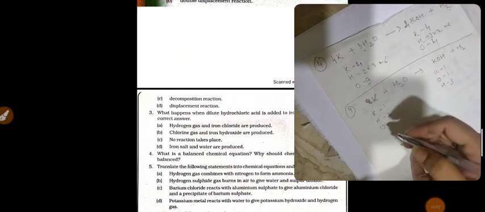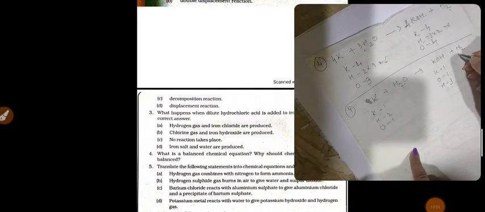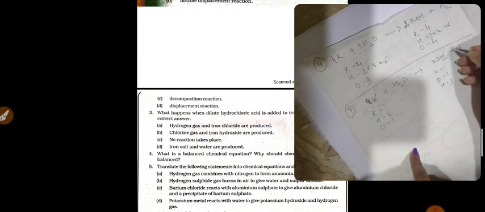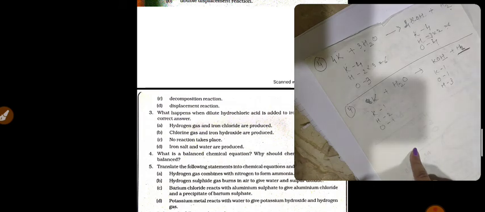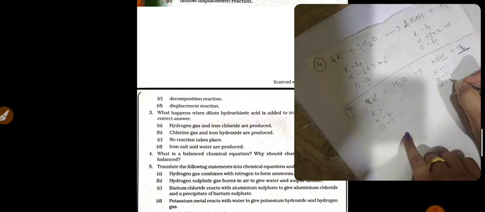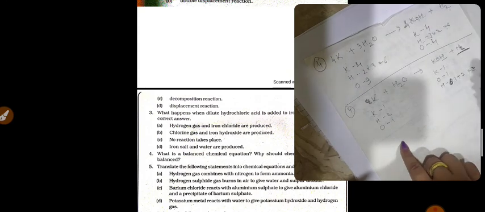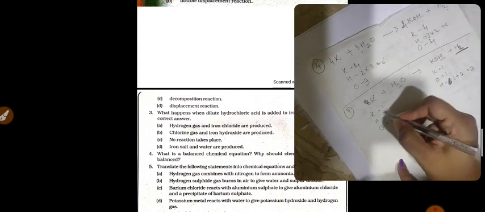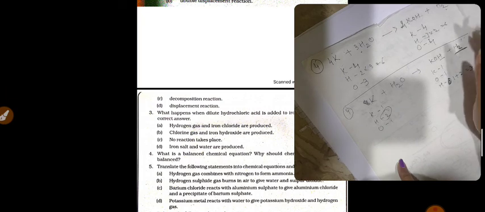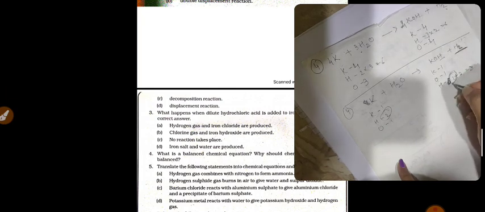If hydrogen gas is liberated, H2 will remain as it is. So if we divide like this, we can get 3. So hydrogen is 2, so keep this side's 2 as it is, and convert this 1 into 2.